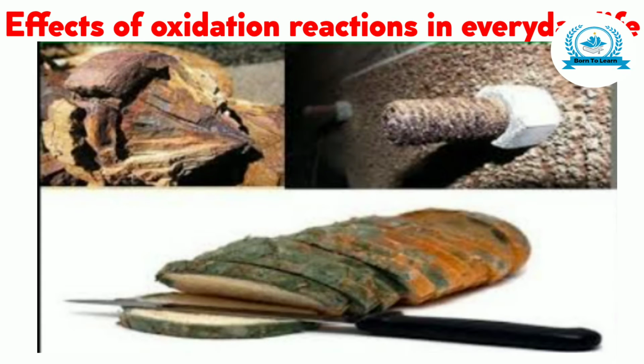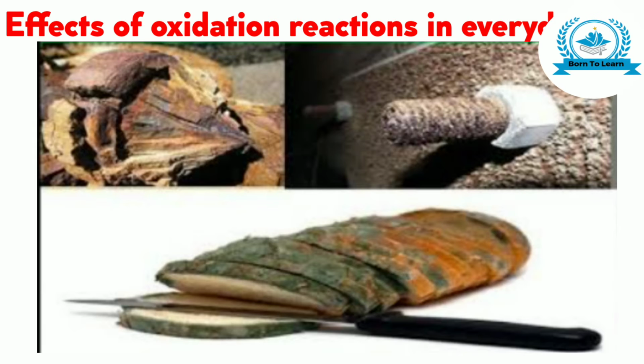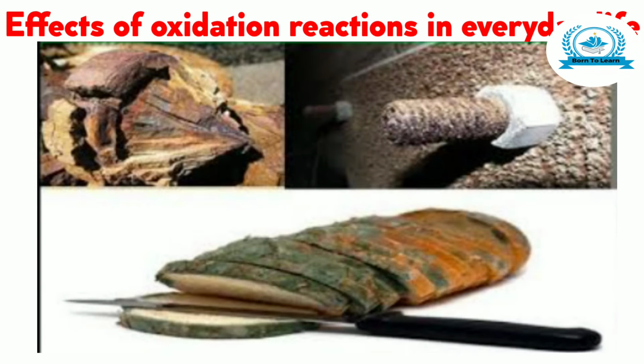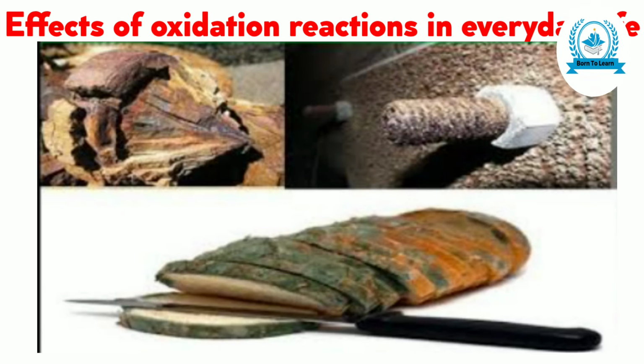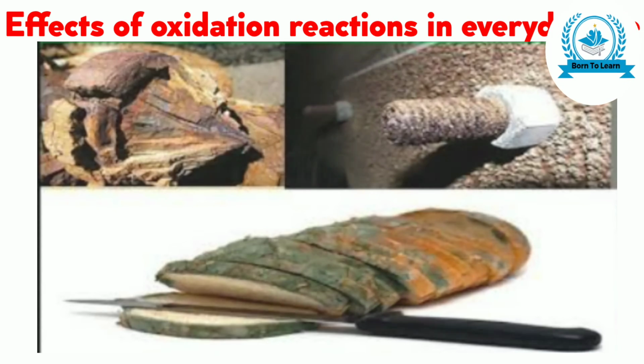Rancidity of food. We will now describe these two effects caused by the process of oxidation in somewhat detail. Please note that the oxidation involved in the corrosion of metals as well as rancidity of food is caused naturally by the oxygen present in air. The oxidation caused by the oxygen of air is sometimes also known as aerial oxidation.